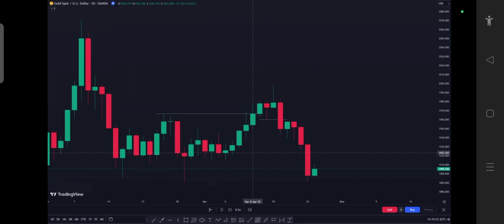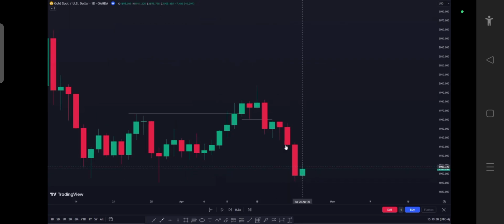Liquidity is in the form of consequent encroachment and below this low. Below this low was also liquidity. We will stick to the bearish bias until we take out this high, this low.